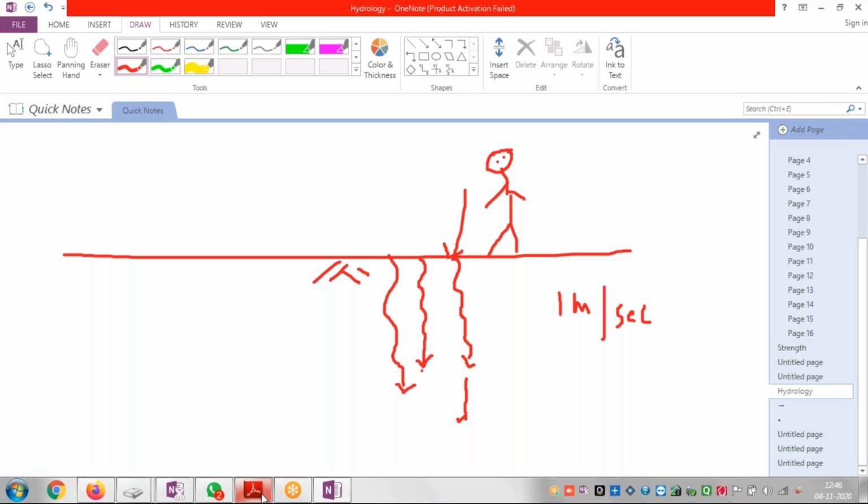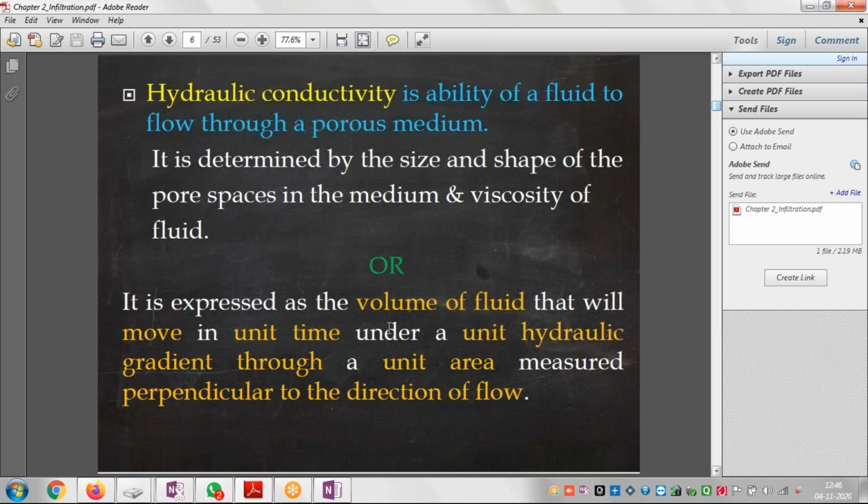For example, you can see how much volume, how much quantity of water in a unit time, that will be called the hydraulic conductivity. And what is infiltration? How much water has traveled in depth in 1 second. And what is conductivity? It's a quantity of water in a unit time.